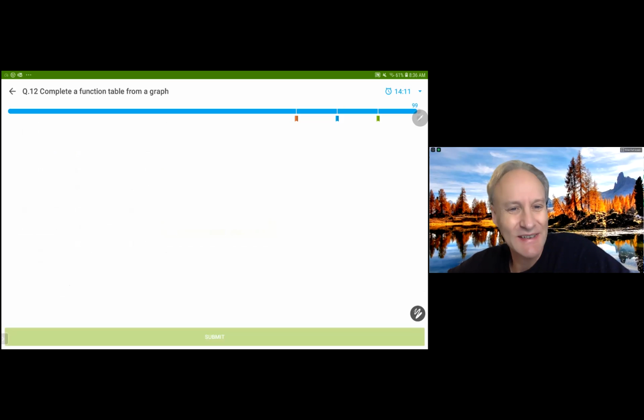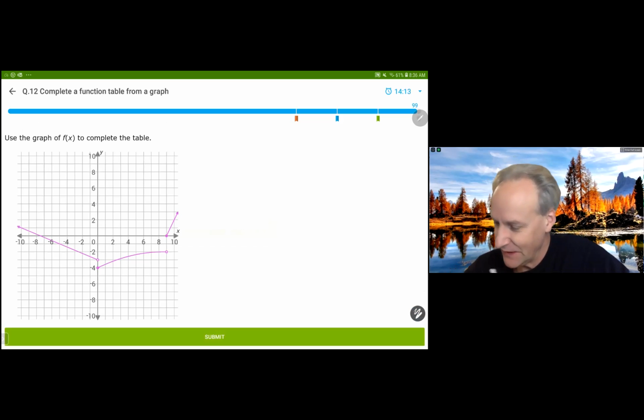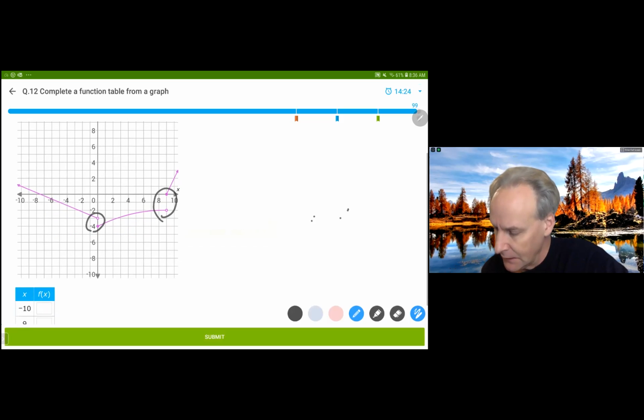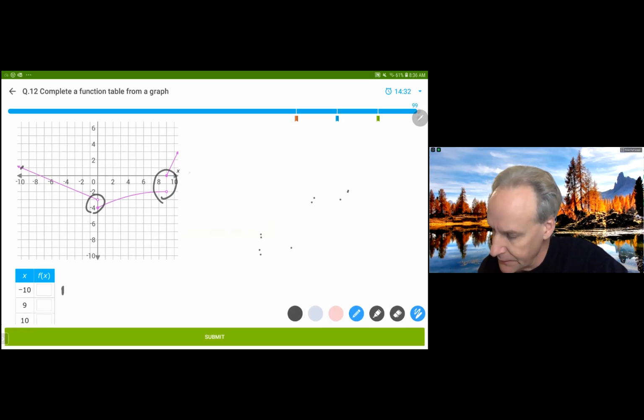We have one last one. So I hope you guys will try it yourself. A couple of jump discontinuities here. That's what we call these things. And remember that it's the point that's filled in that matters. At -10, we're at 1. At 9, we're at 0.